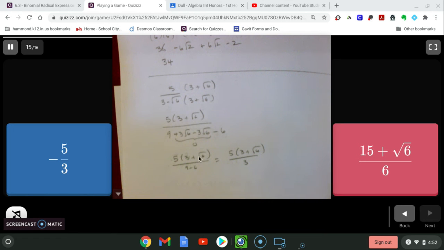All right, so here's how this one played out. Here's your middle two terms going to 0. 9 minus 6 is 3. So 5 times 3 plus square root 6 over 3.